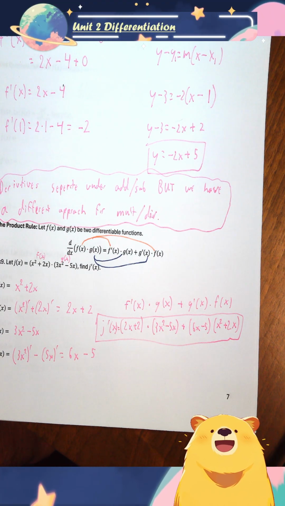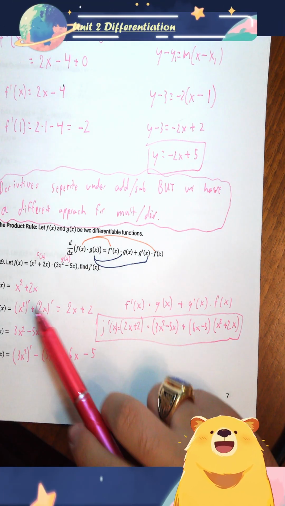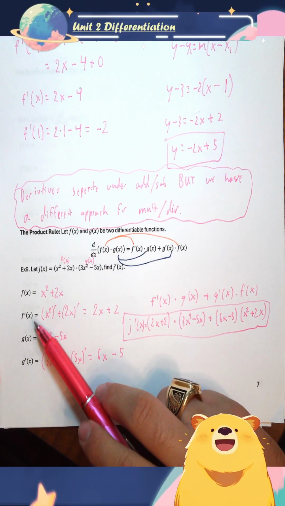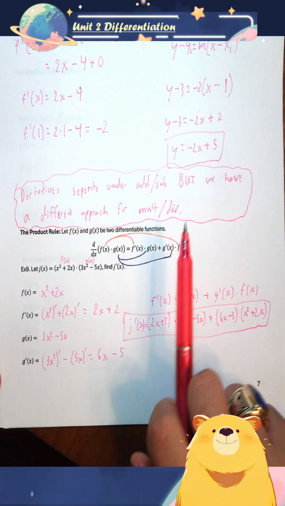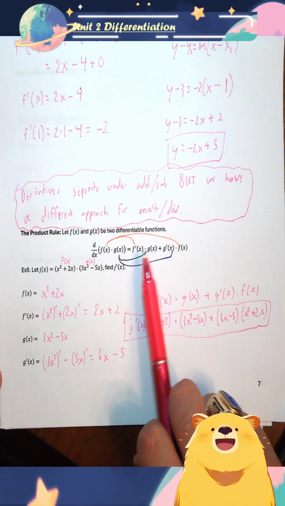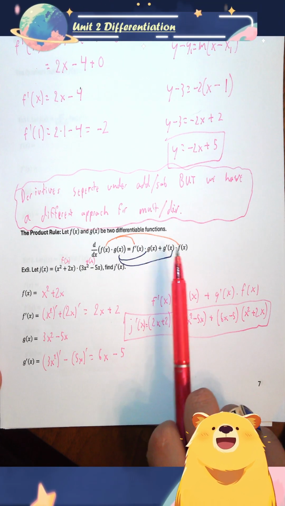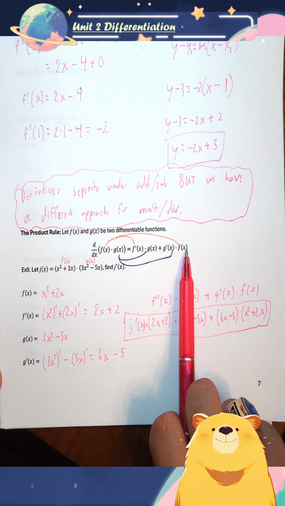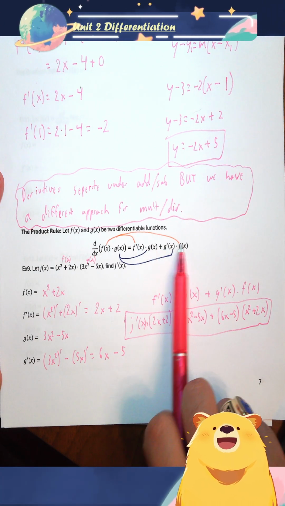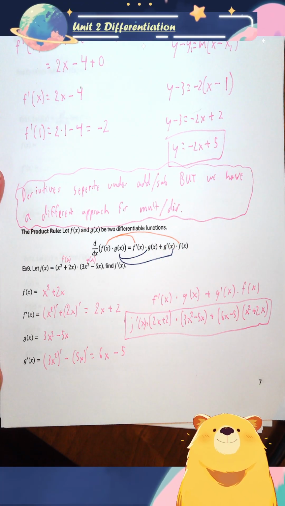They have this little pattern where we have to first acknowledge what's f of x and what's g of x, and then we have to do those primes individually, and then do the product of one with the prime, one without the prime, and then the other one with the prime and the other one without the prime. Keep in mind this combination of a prime, no prime, a prime, no prime, FG, GF. Okay.